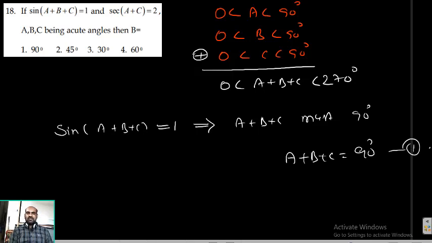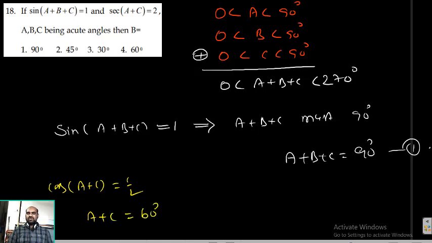Okay, next what is given? Secant of A plus C is 2 means reverse of that: cos of A plus C equals 1 by 2. A and C are acute angles, their addition lies between 0 to 180, but cos is positive in first quadrant and fourth quadrant only. That's why A plus C must and should be 60 degree.